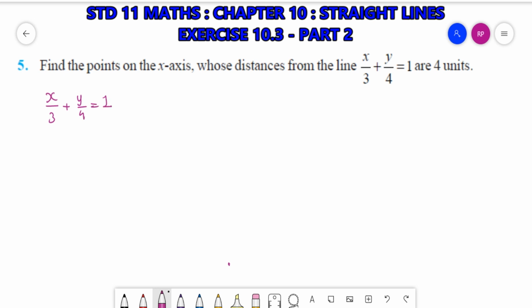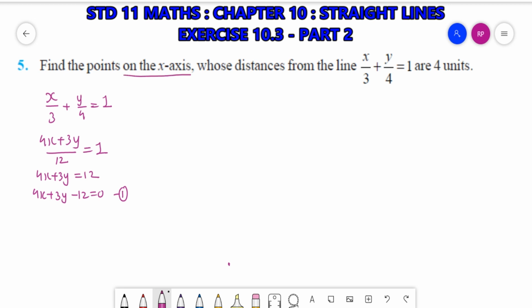Now let's take the LCM. It will be (4x + 3y)/12 = 1. So 4x + 3y = 12, or 4x + 3y - 12 = 0. This is the equation of line.